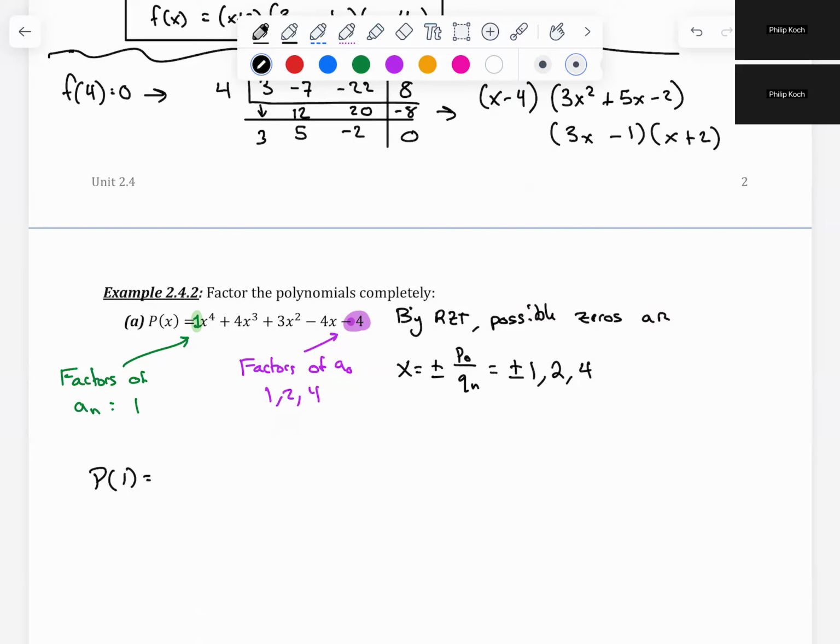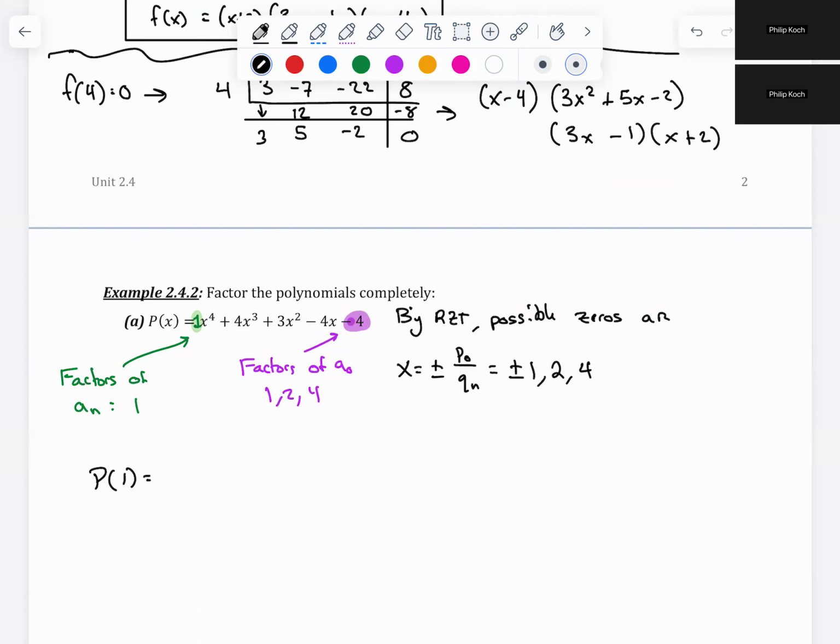I know what 1 to the 4th is, it's just going to be 1, but I'm going to need to do this for other numbers too. Plus 4 times 1 cubed plus 3 times parentheses 1 squared minus 4 times parentheses 1. Is that a minus sign? Yeah, minus 4.